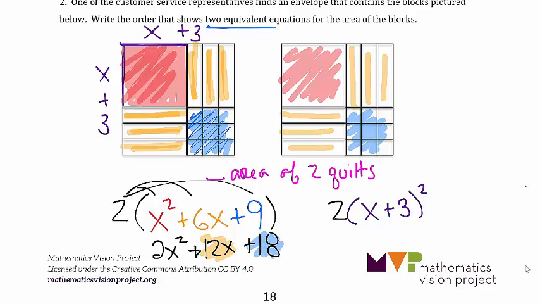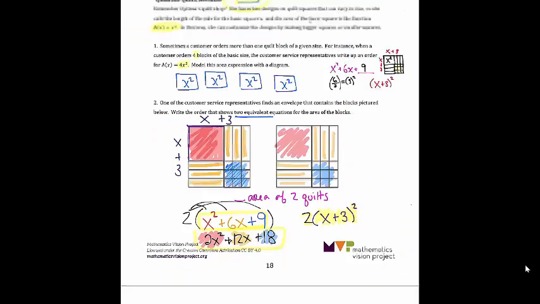So the idea is we can still do the same stuff we did with one quilt, right? Doing length times width to find an area equation, which would be this. But if there are 2 quilts, we'd need to put a 2 in front of it. Similarly, we could just add up all the pieces, but if there are 2 quilts, we'd need to double that or add up all the pieces, but twice.